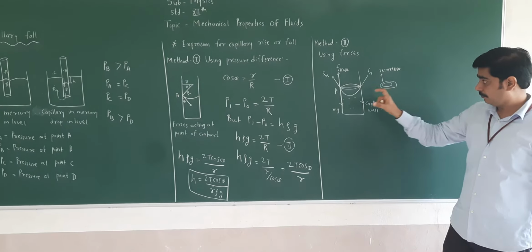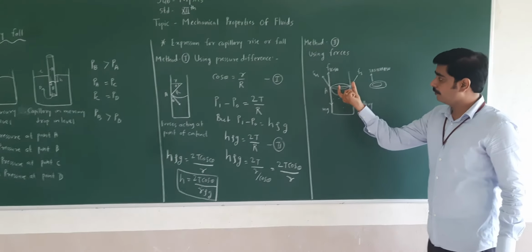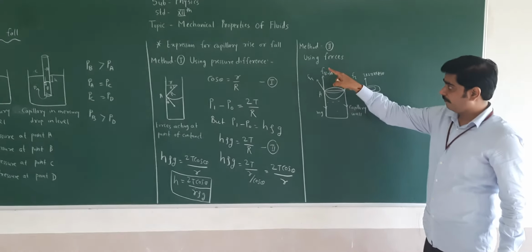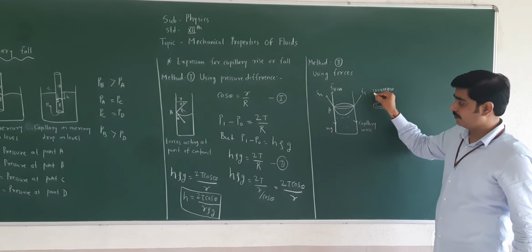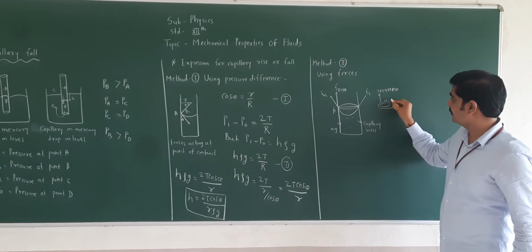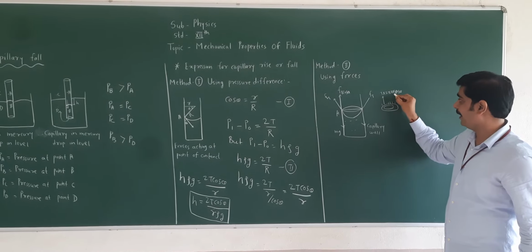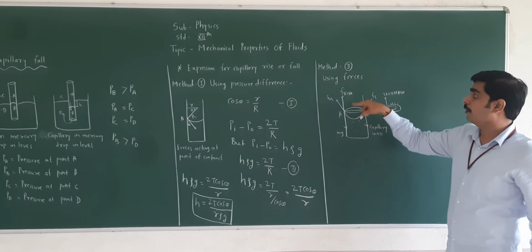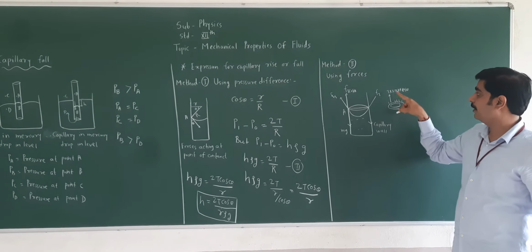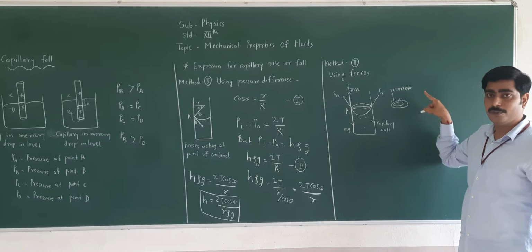Friends, again I am going to explain the vertical part here. This Ft cos theta vertical part has the value T, the surface tension. As the tube is circular, we should write 2 pi r and cos theta, the vertical component. So remember, the vertical force is T into 2 pi r into cos theta.